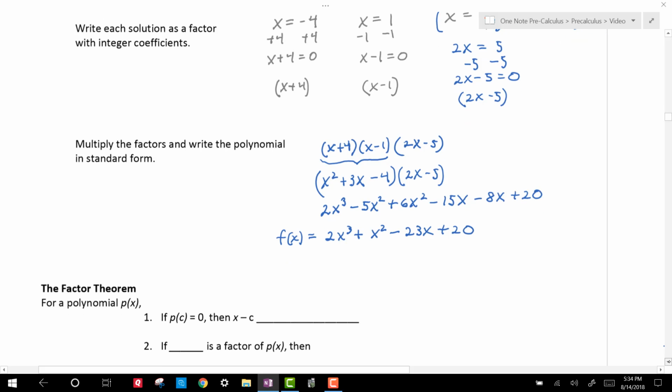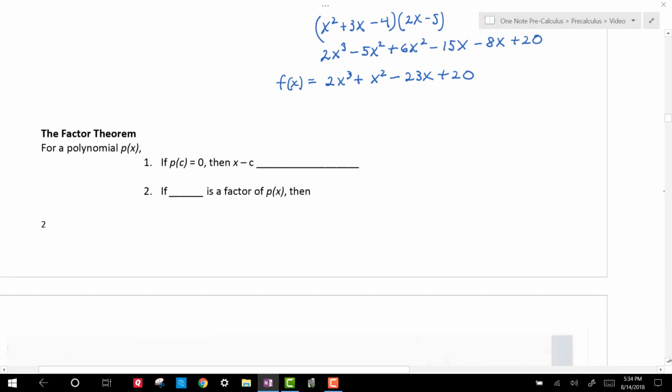Okay? All right, so our factor theorem says if P of c equals 0, so some value of c, whether it's 1 or 2 or negative 3 or whatever, then x minus c is a factor of P of x. That's what we talked about on the front side.